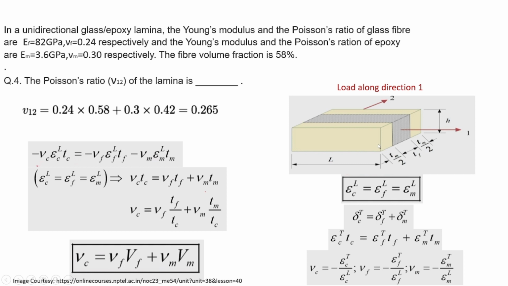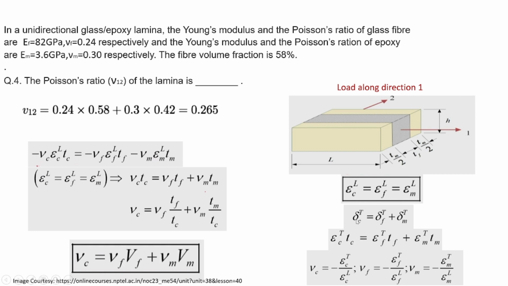Here we are considering that in the longitudinal direction the strain is equal for the whole composite, fiber and matrix, but in the transverse direction the deformation will add up. So here you can see the deformation of the composite in transverse direction is equal to the deformation of fiber in transverse direction plus the deformation of matrix in transverse direction when the load is along the direction 1.